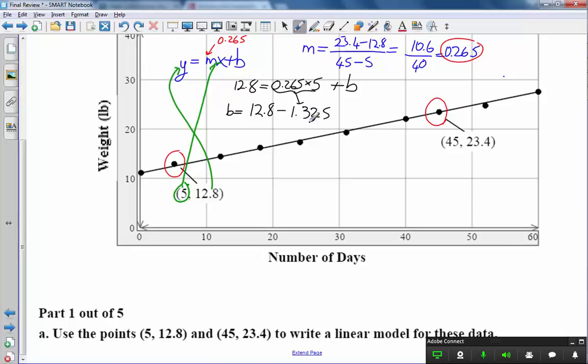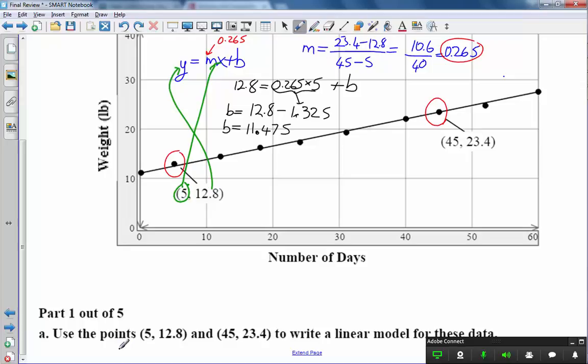Thank you. All right, now subtract these two. 11.475. That's a dot, not a comma, okay? All right, you got it.